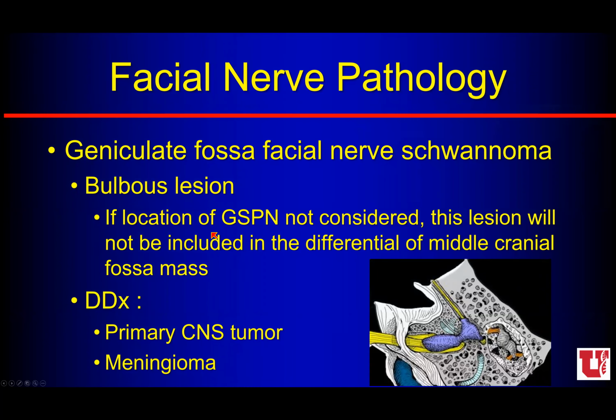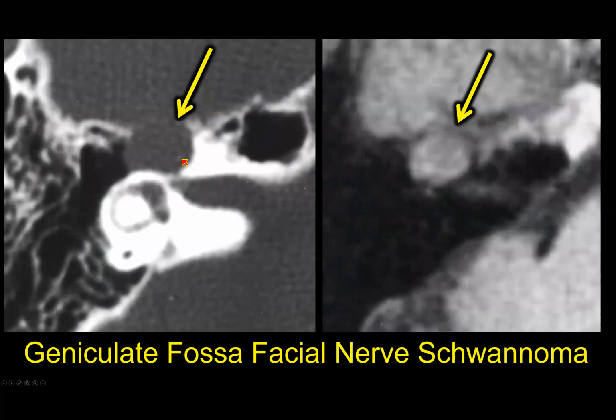So we may see a small bulbous lesion where the greater superficial petrosal nerve is coming off at the anterior genu of the facial nerve. So here's an axial CT and the correlating T1 MRI without contrast. We see a soft tissue mass at that location, and we see a significant enlargement of the anterior genu where the geniculate fossa is. So that's a good appearance for a geniculate fossa facial nerve schwannoma.